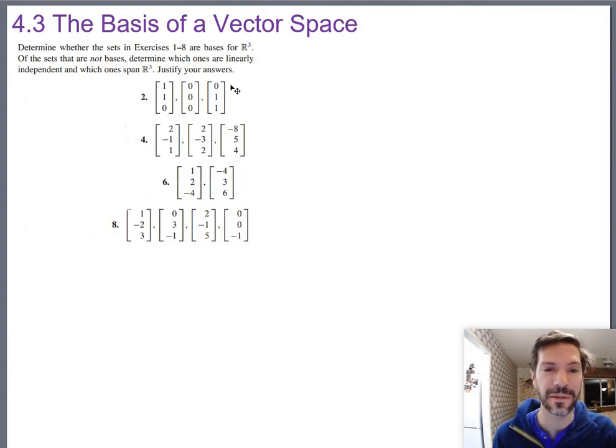So number 2 is not a basis, first of all. It's not linearly independent, and it doesn't span R3.